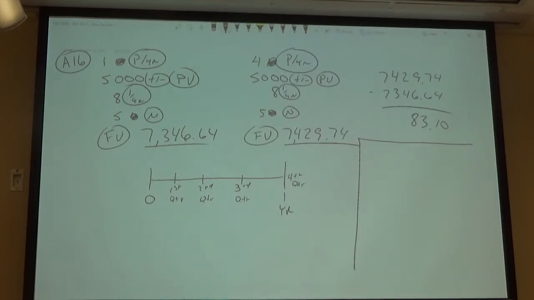So let's do this. On our calculators, let's set the calculator to 1 payment per year and put in 8%, and then you're going to hit shift nom %, which is right underneath the interest rate key.